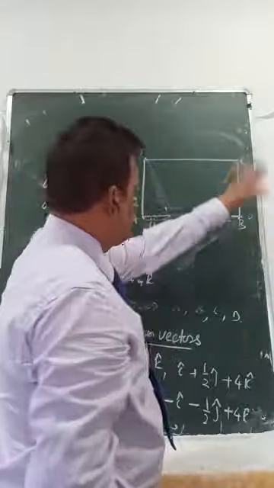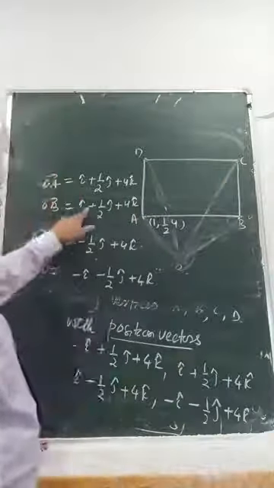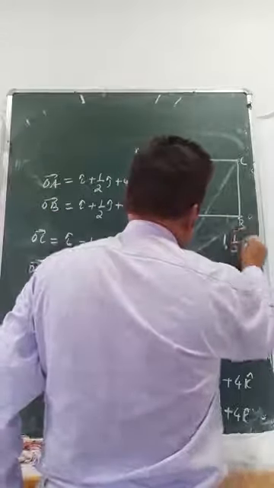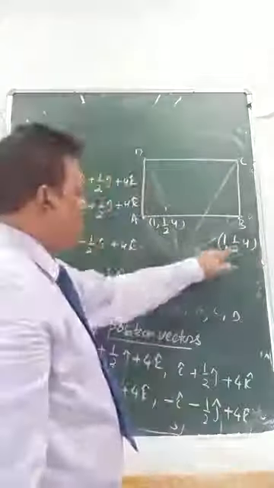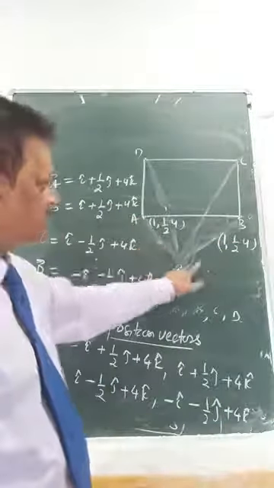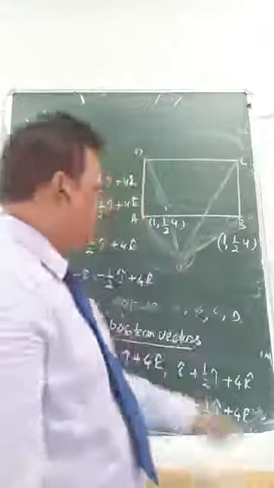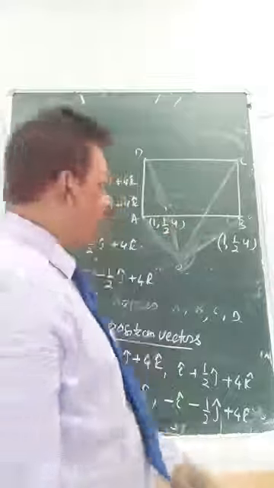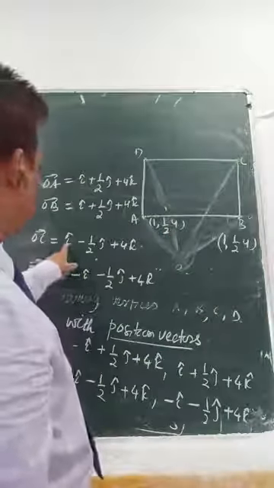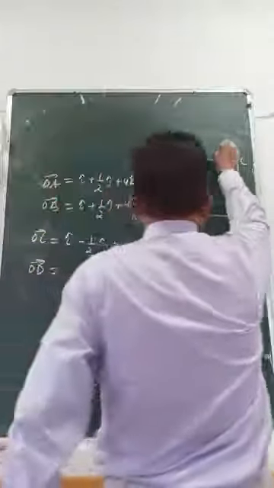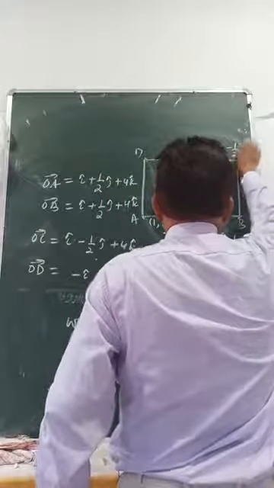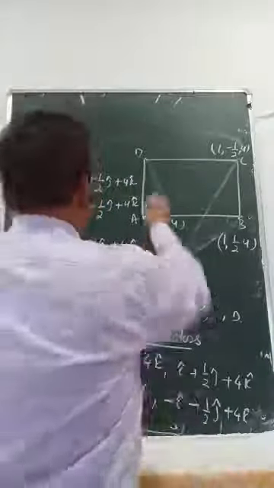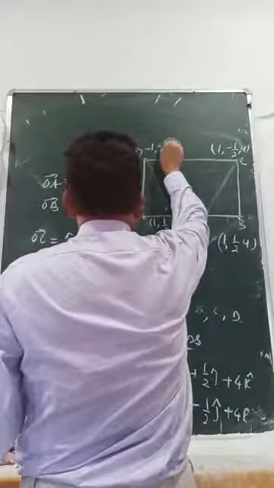B is 1, half, 4. This coordinate you can write if it is given with reference to origin. Otherwise you cannot write. Because it is given with reference to origin, I can take out the coordinates. So the components: C is 1, minus half, 4, and D is minus 1, minus half, 4.